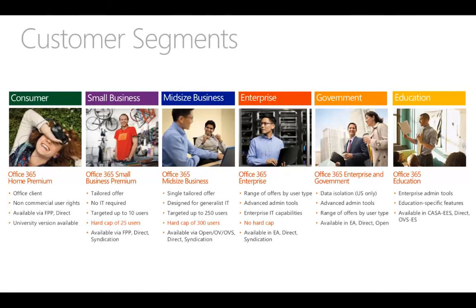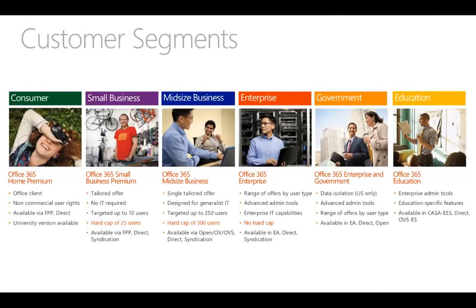There's also a university version, which is the same, but at a reduced price for students. Please be aware that the Home Premium version of Office 365 does not include any of the server products or services, and it comes with non-commercial user rights, so a Home Premium client cannot be used in a business.